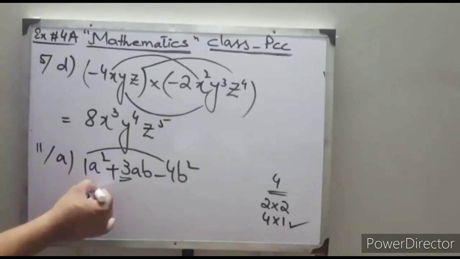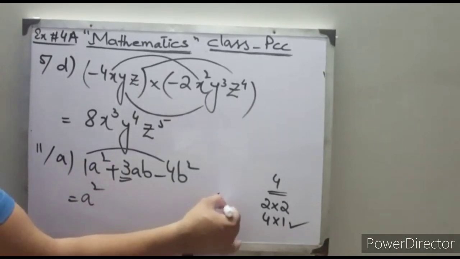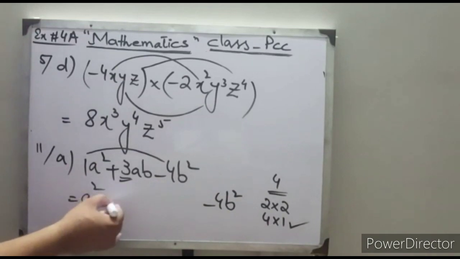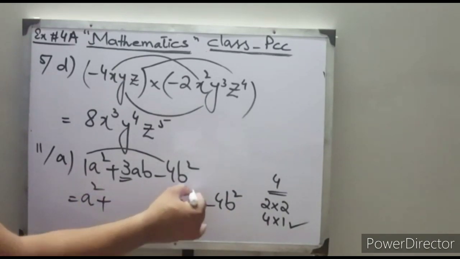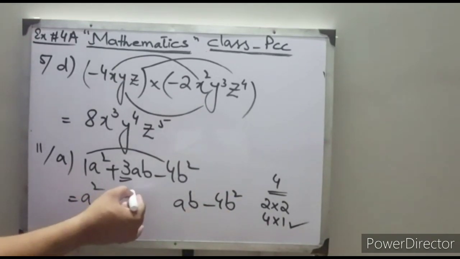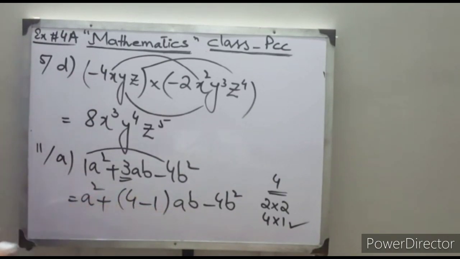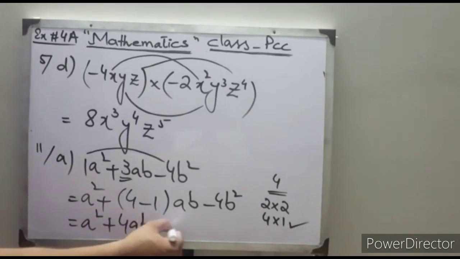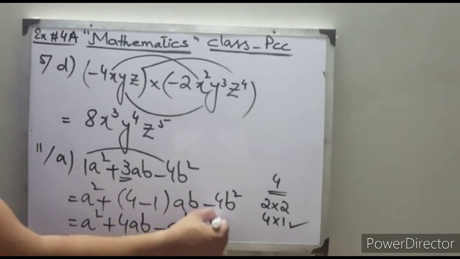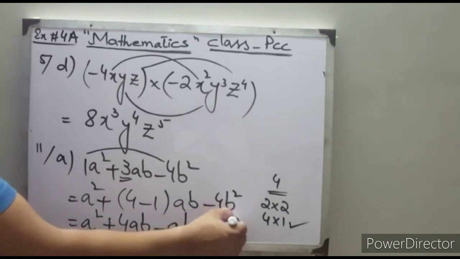So write first value as it is, last value as it is, central sign as it is, central variable as it is, and then write 4 minus 1. We have a square plus 4ab minus ab minus 4b square.